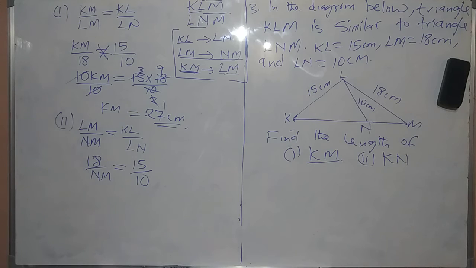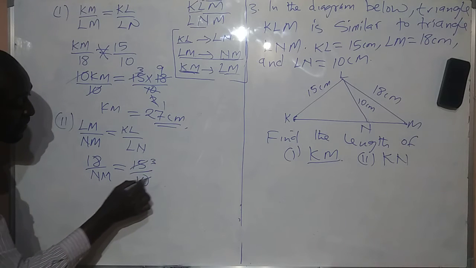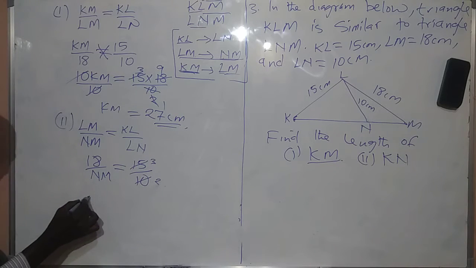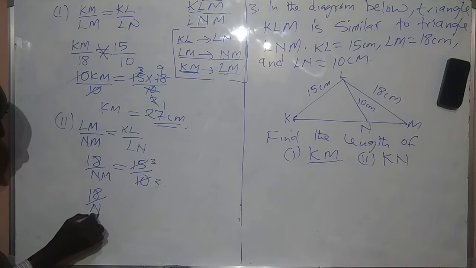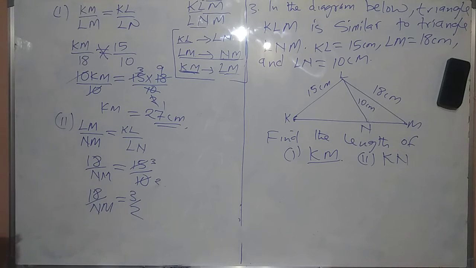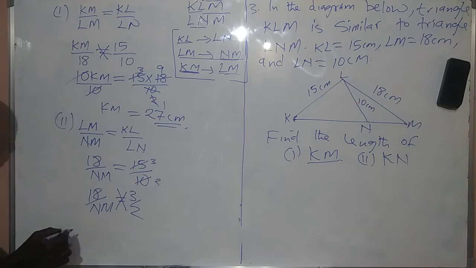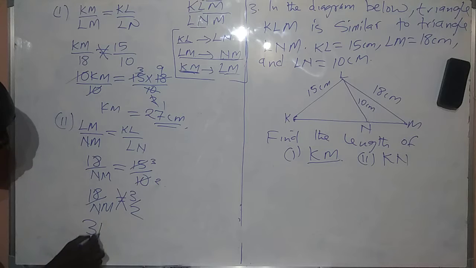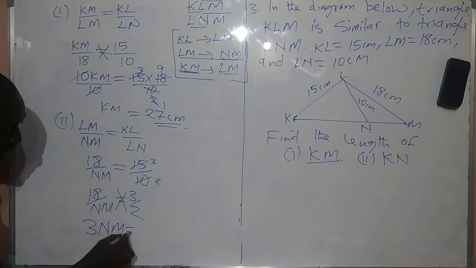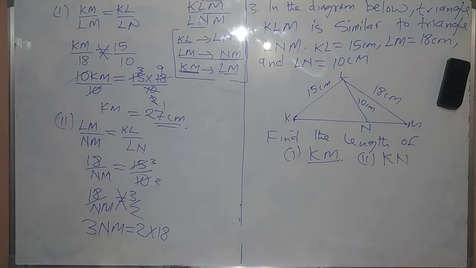Okay, so once we have it like this, we can even simplify here. 5 there, you have 3, 5 there, you're going to have 2. So you're going to have 18 over NM is equal to 3 over 2. And then we can cross multiply here. So you're going to have 3 NM is equal to 2 times 18.